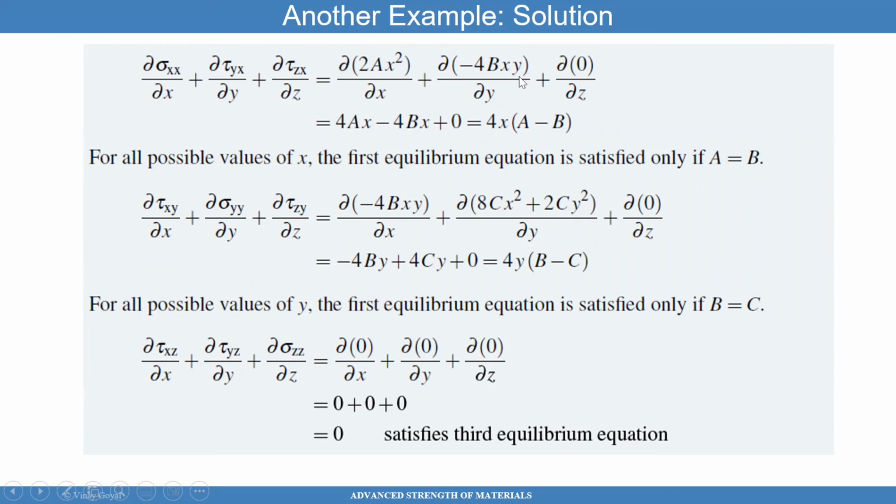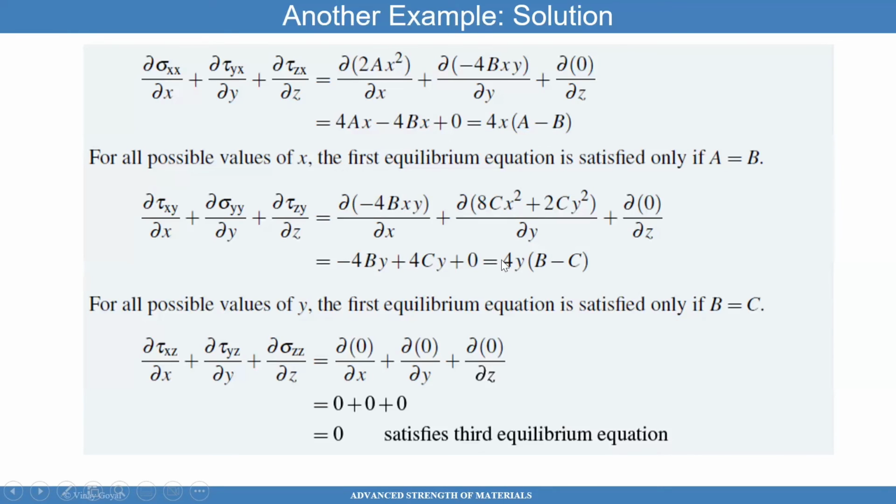But I can plug that in, and I get 4x times (a minus b). But this needs to be equal to zero because the body is in equilibrium. There are no body forces or accelerations. So for this equation to be true, a has to be equal to b. The second equation, we plug all the expressions in and take the derivatives, and we find that 4y times (minus b minus c) has to be equal to 0.